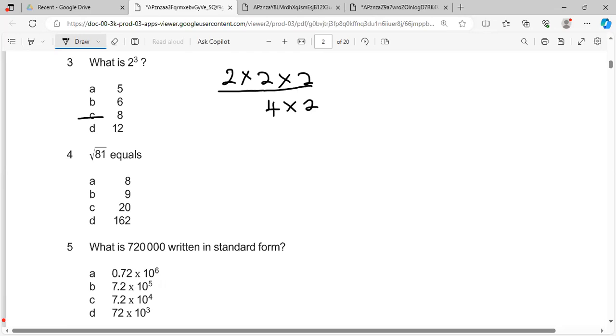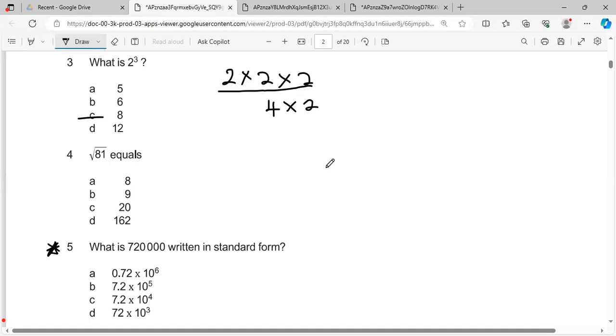Alright, number 4. What's the square root of 81? 9. B as in boy. 9, sir. Explain why it's 9. Like, if it has a number like that, they mostly multiply it with that same number.